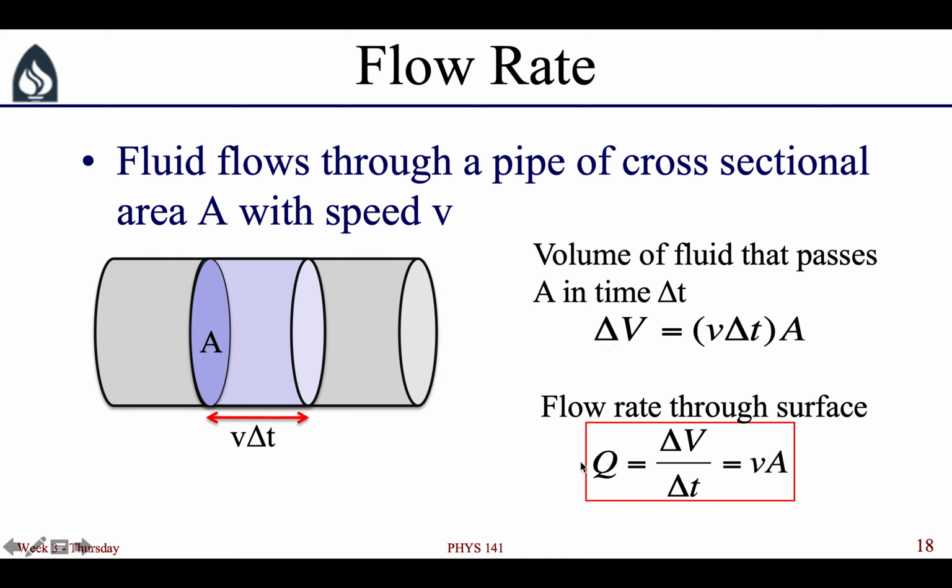Then the flow rate, which we represent with Q, is the amount of volume flowing per time. Well, we just take this volume expression and divide by delta t, which gives us V times A. So that means that if you multiply the cross-sectional area of a pipe times the velocity of the fluid, that will tell you how much volume passes any point per unit time.